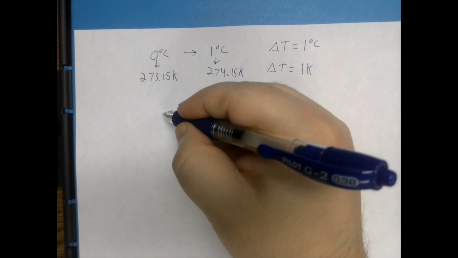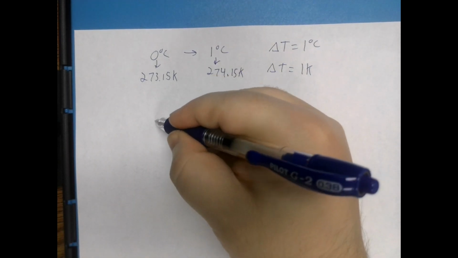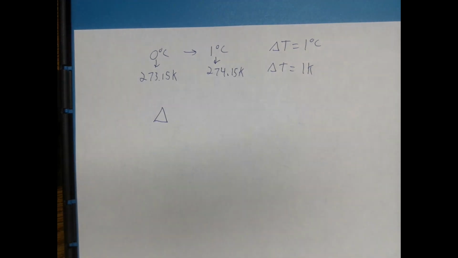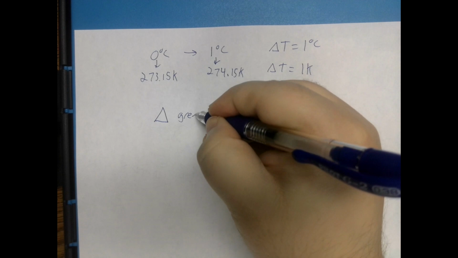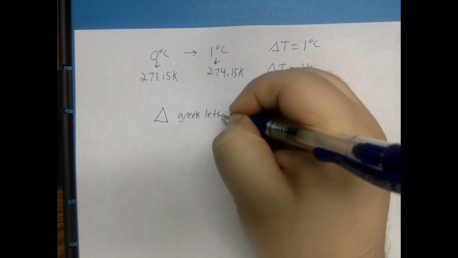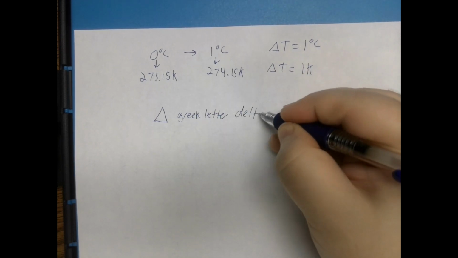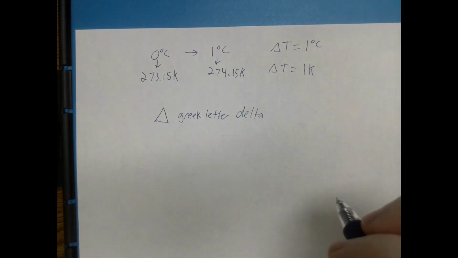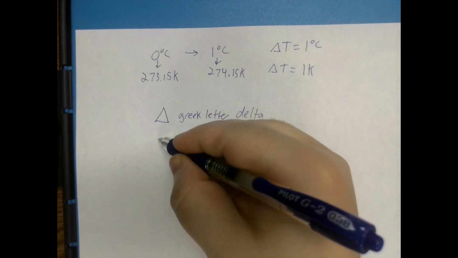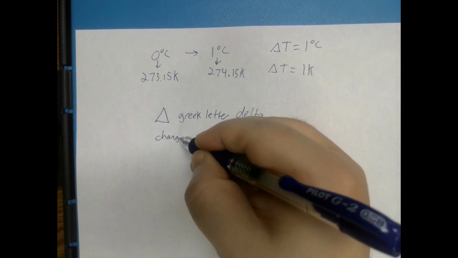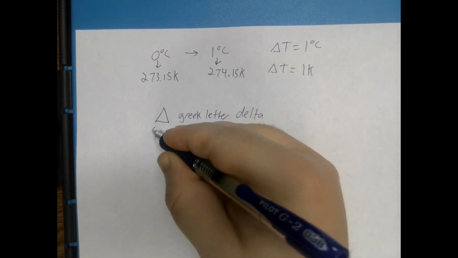By the way, I assume most of you have never seen this notation. This is not a triangle. This is the Greek letter delta, equivalent to our Latin letter D. It means change in.